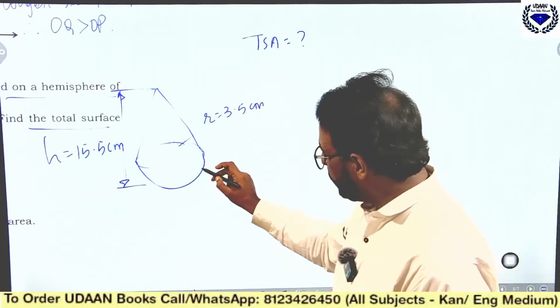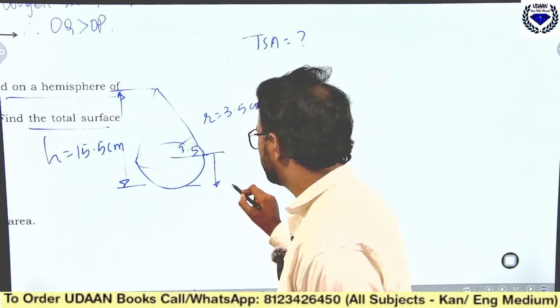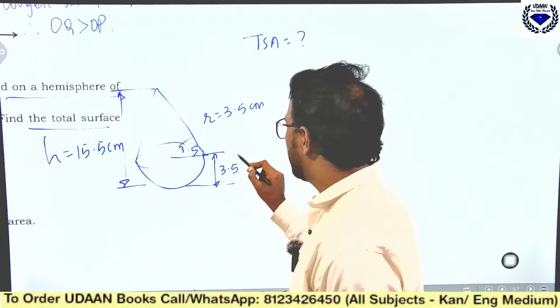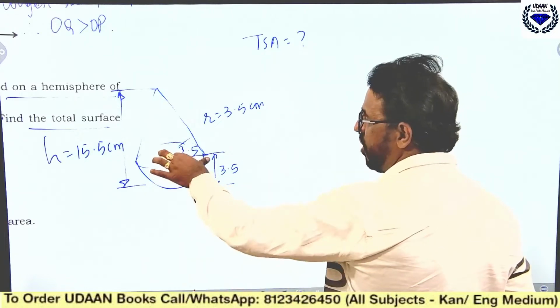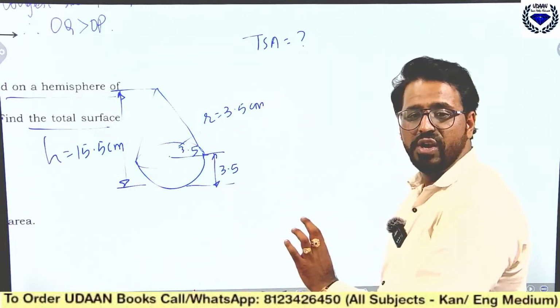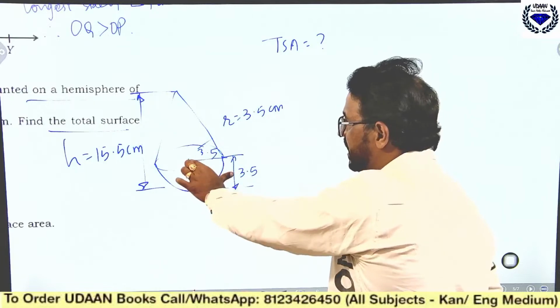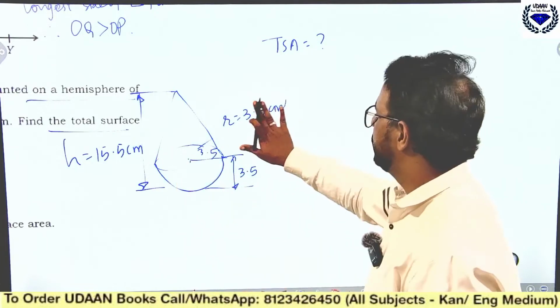See, if this is 3.5, can I tell from here to here it is also 3.5? Why? Because it is a semicircle, a hemisphere. So if you draw like this, you will get 3.5.